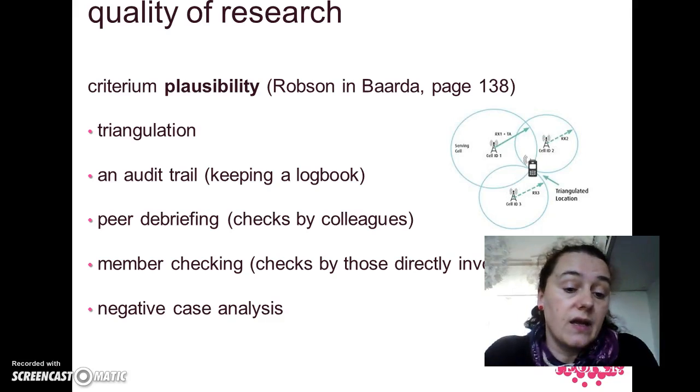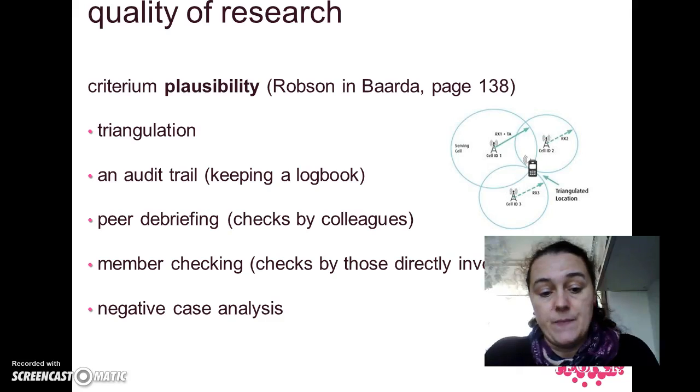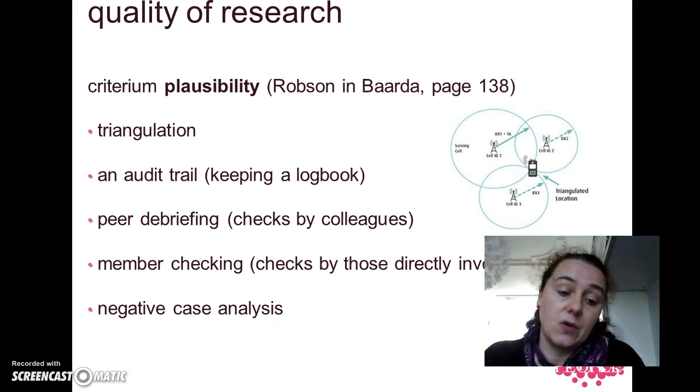And the last thing which is important in terms of plausibility is negative case analysis. Sometimes you do that within your data, or sometimes as an after check you go looking for that.